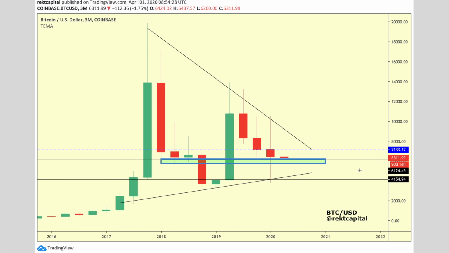And if we look at the quarterly, because of course we've seen the quarterly close as well, this candle is the quarterly candle that we've seen recently close, and we're just seeing a lot of volatility relative to this triangular market structure. You can see that this entire triangle has been touched from both sides. We've seen a lot of volatility here, and if we want to interpret this candle, we can say that it's a doji, essentially a spinning top, which signals uncertainty in the market, and we've definitely seen a lot of uncertainty.